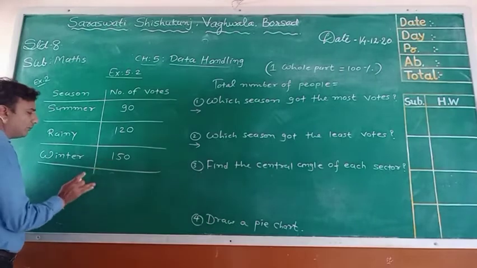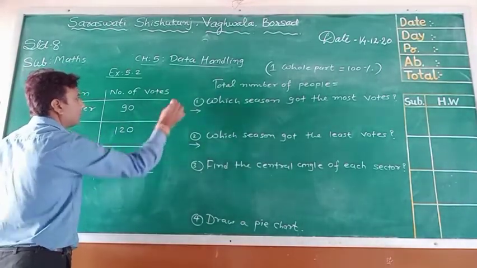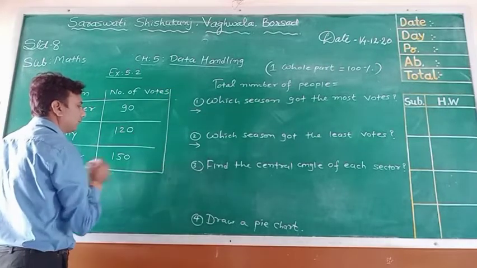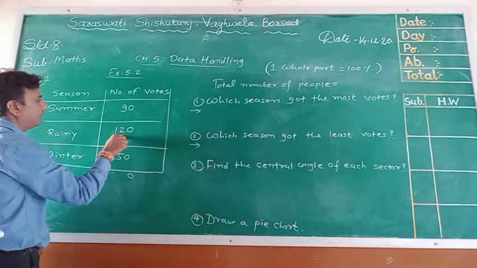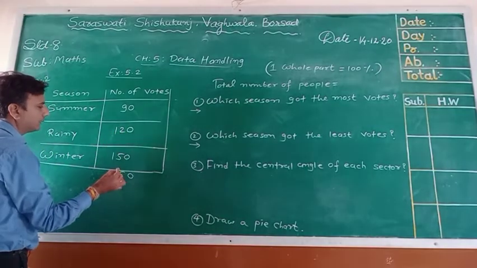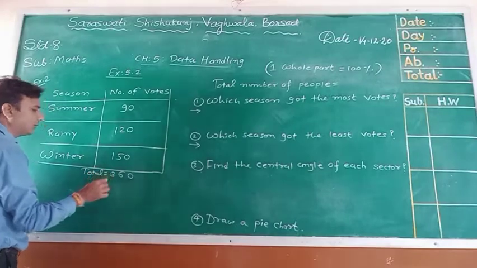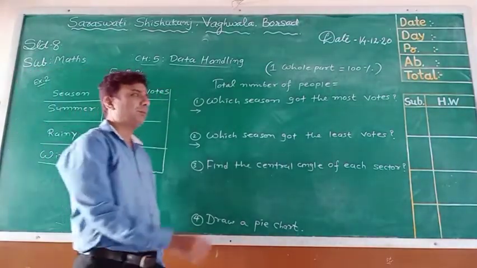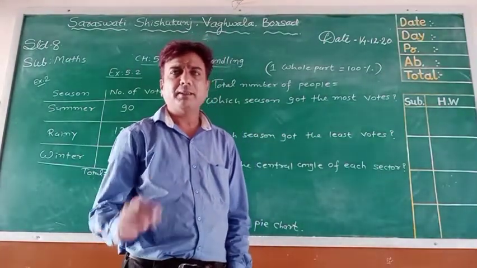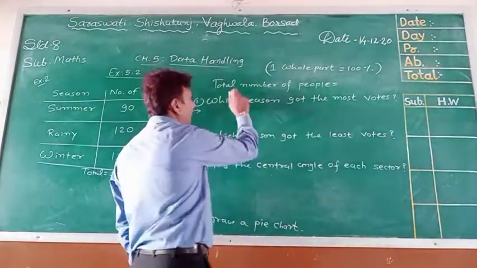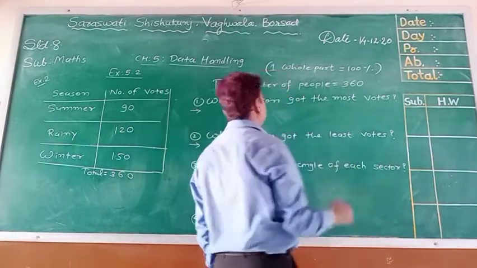So the total number of people we can find from this table. Total number of people is 360. So how many people were surveyed here? There are 360 people.